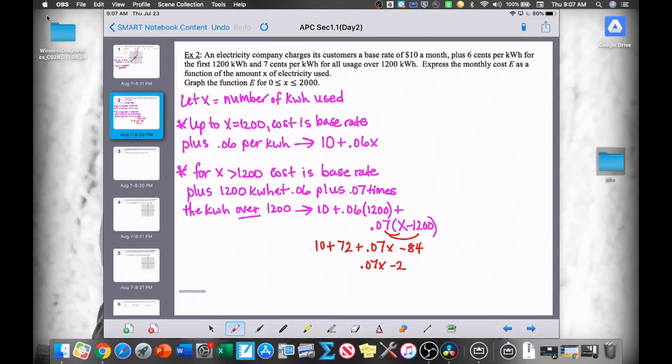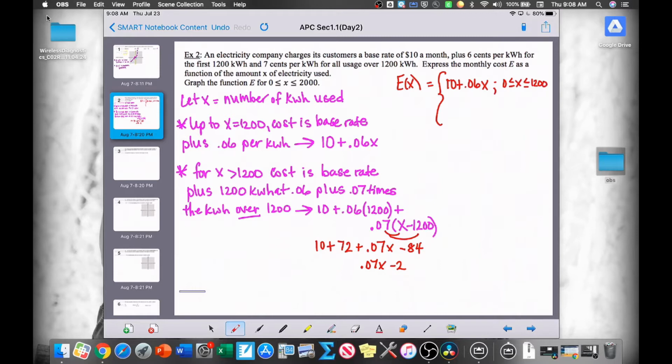So we're ready to write our function over here. We'll call it E of x, okay? So the electricity cost is going to be equal to, and we know we have two pieces to our function. The first piece is that 10 plus 0.06x, and this is for values of x that are between 0 up to and including 1,200.